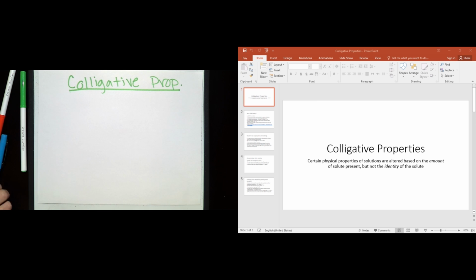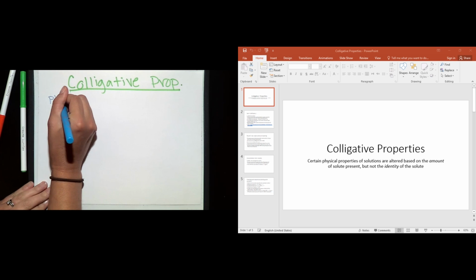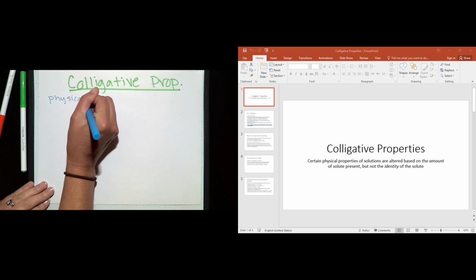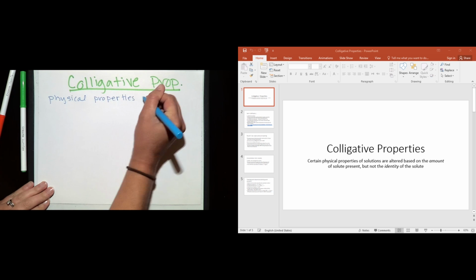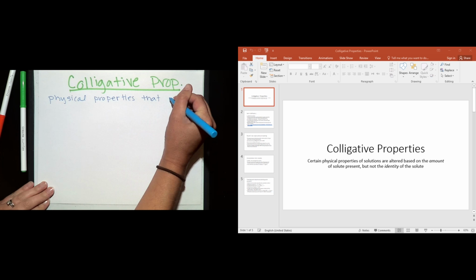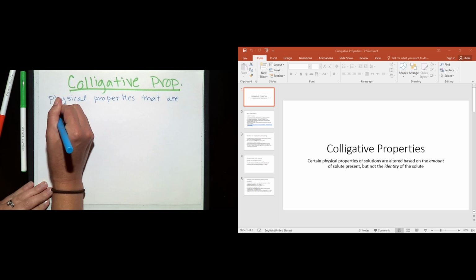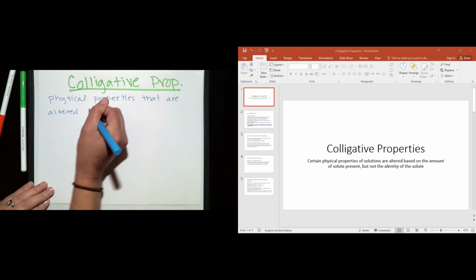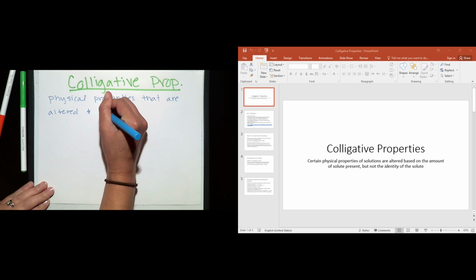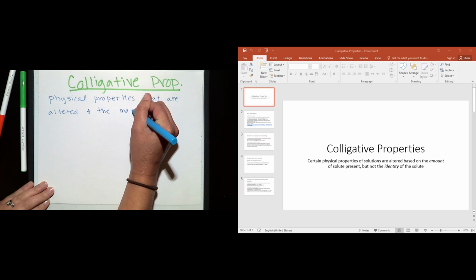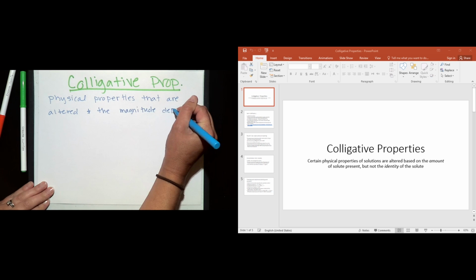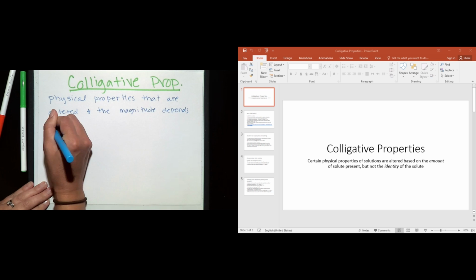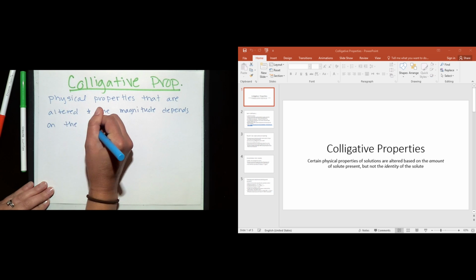So that's our definition of colligative properties: physical properties that are altered, and the magnitude or amount depends on the number of particles.